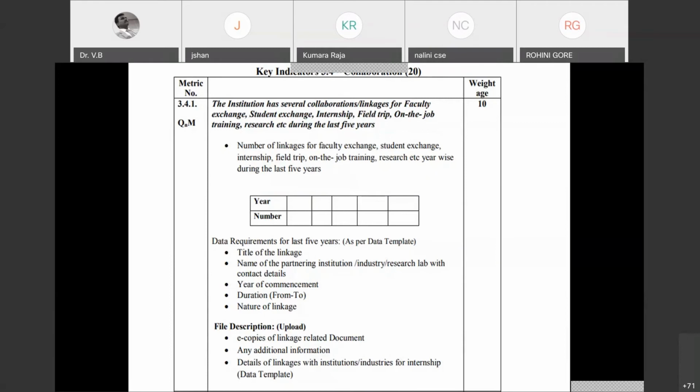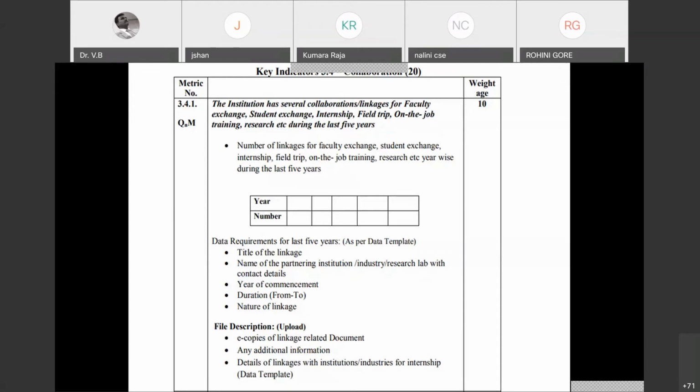Say for example, on the job training, you may have a tie-up with another private organization or even a government organization in which you do not have a MOU, but there is email correspondence saying that they are willing to provide the job training, and they had in fact also issued training completion certificates to the students, then that is very much valid and that can be included here.